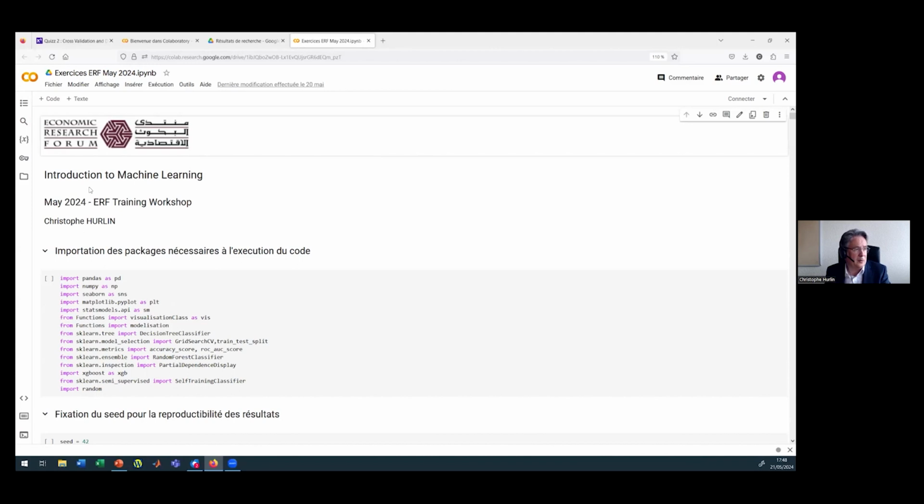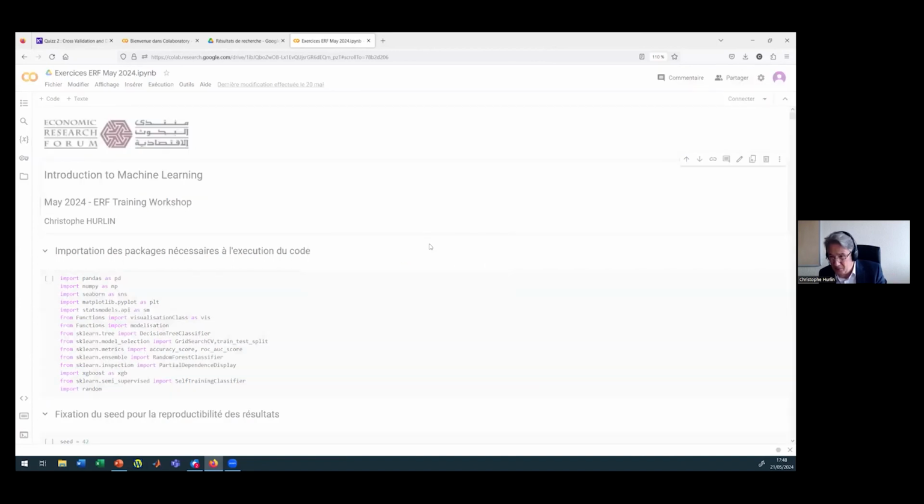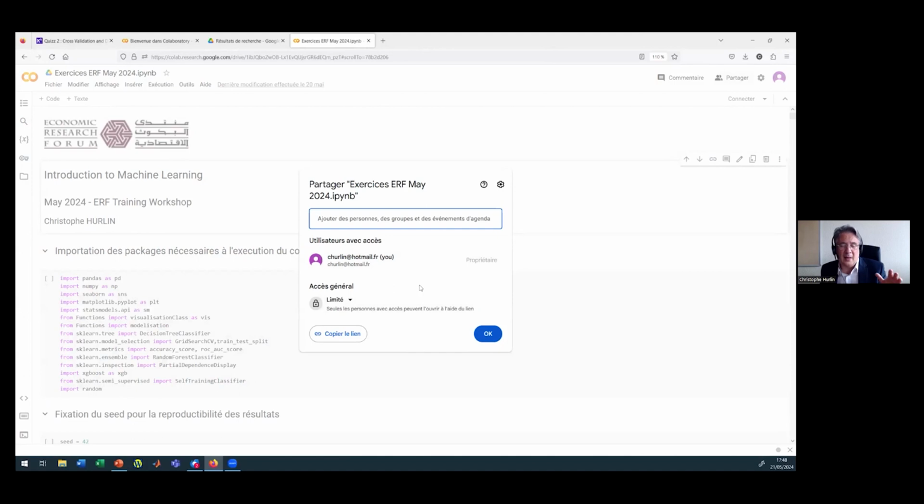But the most important point that we have to do is the fact that Google Colab is a collaborative platform. So if I send you with share here, I can share you my code. Okay. If I share you my Jupyter notebook, we will work together on the same file.